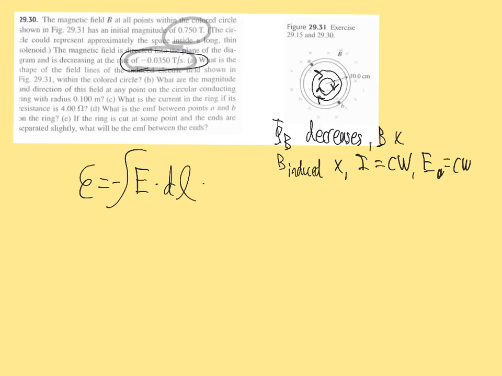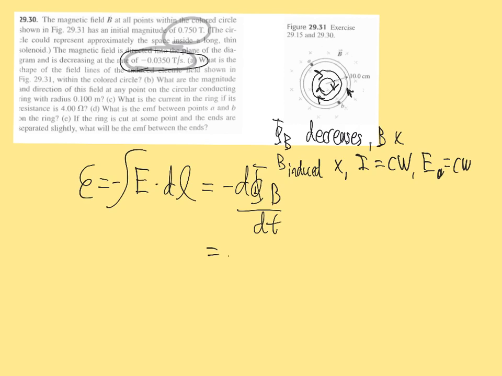We can set that equal to the change in flux over change in time. The flux part is actually not the hard part to find. We're pretty good at that now. We know the area inside that ring that's 0.1 meters away. Remember, we're doing the 10 centimeters, so it's this ring here.